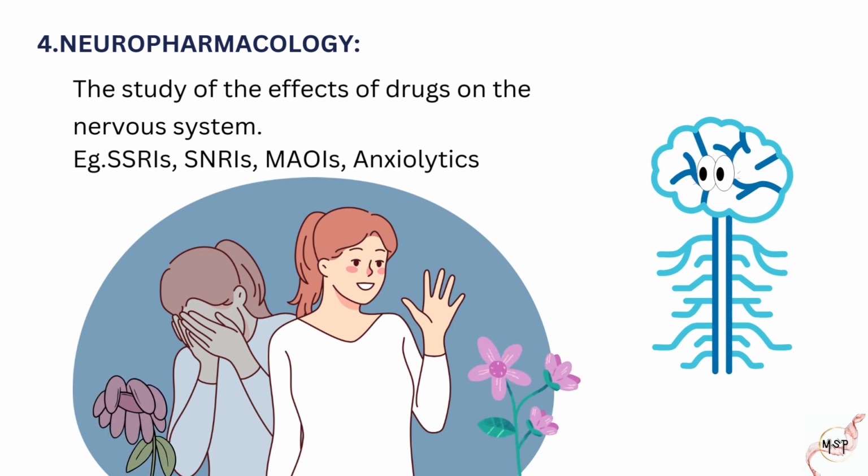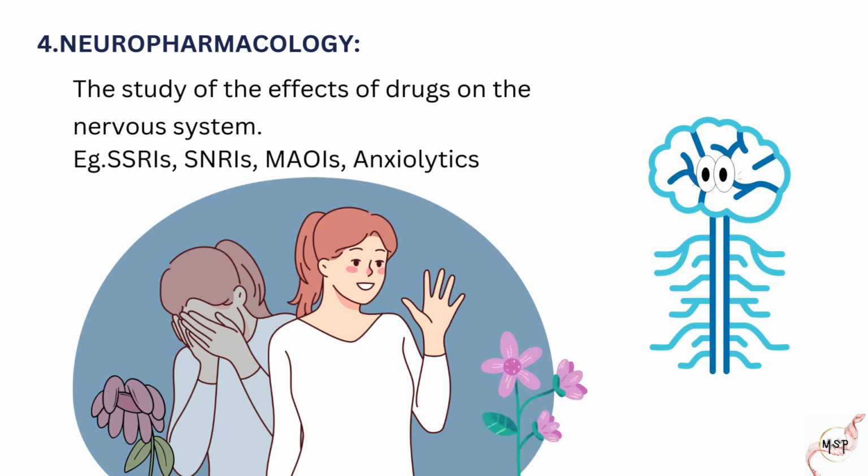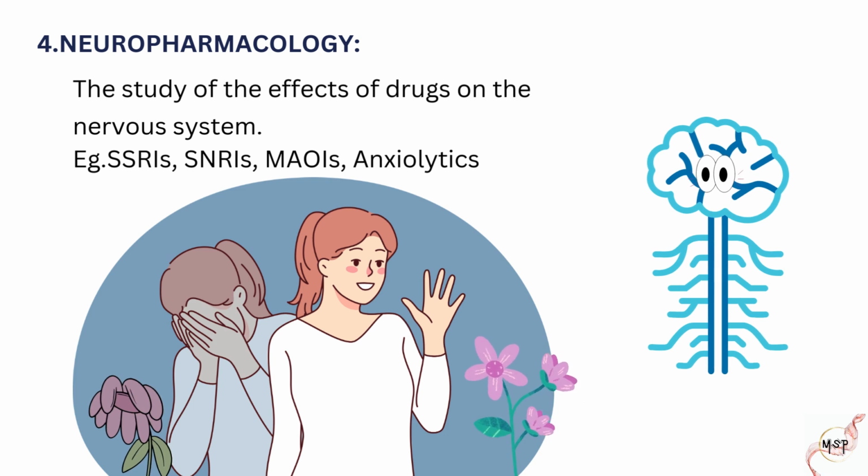Fortunately, there's hope. Medications such as selective serotonin reuptake inhibitors, serotonin norepinephrine reuptake inhibitors, and monoamine oxidase inhibitors act like little mood lifters. They work diligently in the background, boosting the availability of these mood enhancing neurotransmitters in our brain.